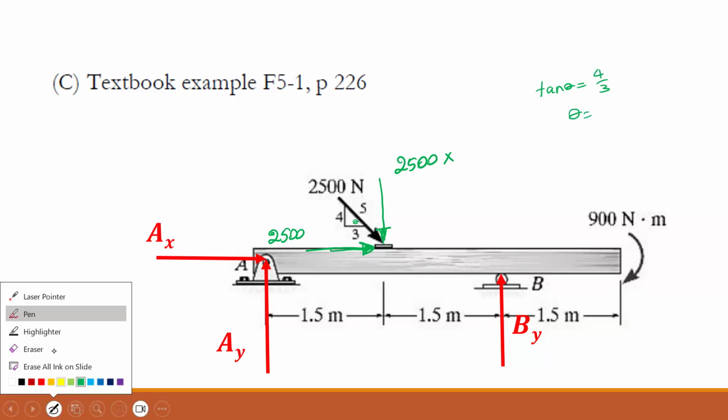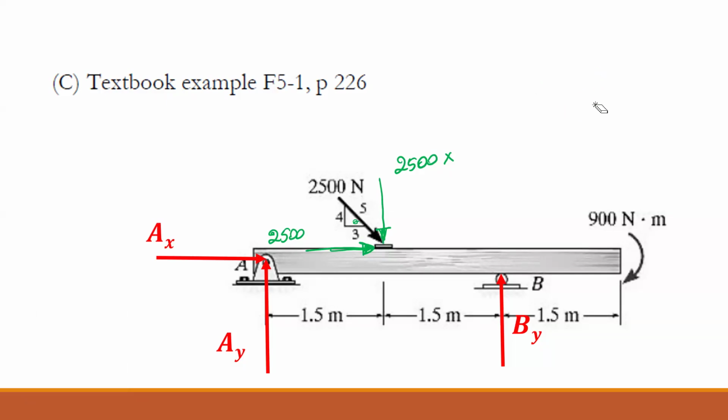But there is an easy way, I explained to you. The Y direction component is 4, so 4 divided by the hypotenuse, which is 5. When you come to x, x is 3, so 3 divided by 5 will be the x direction.